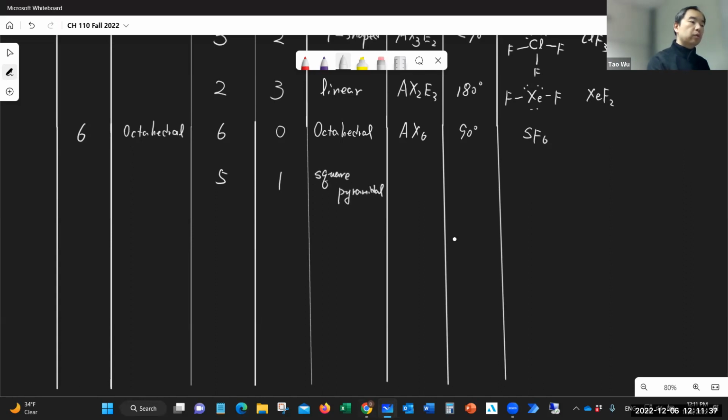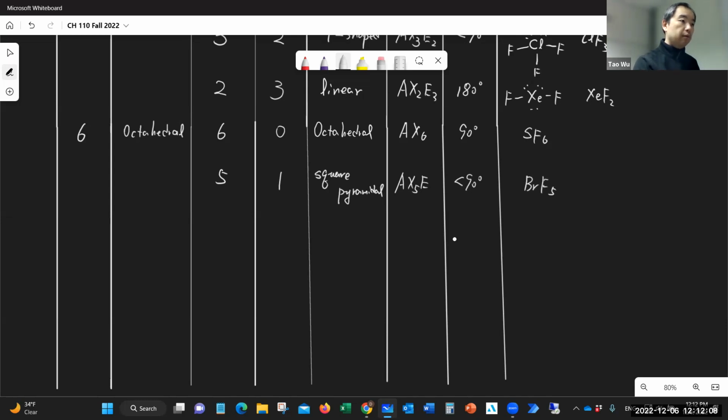Just to let you know, those are all not natural molecules. Those are all man-made molecules. Square pyramidal, we write AX5E since they have 5 atoms and only 1 lone pair. The bond angle is a little bit smaller than 90 degrees, and one of the examples is BrF5.